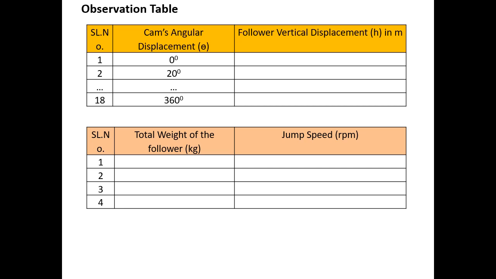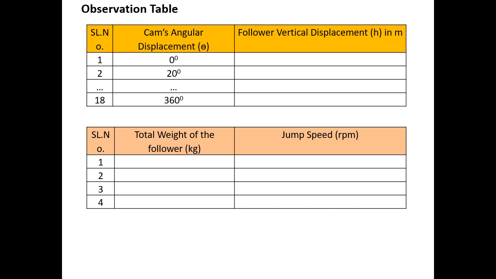What happens actually in most cams, such as disc cam, plate cam, or any other cam, is that they are responsible for the upward movement of the follower. But the cam is not responsible for the downward movement of the follower. Instead, acceleration due to gravity is responsible for the downward motion. We know that g is limited. So the problem is, if the rotational speed of the cam is very high, it accelerates the follower at a very high rate.